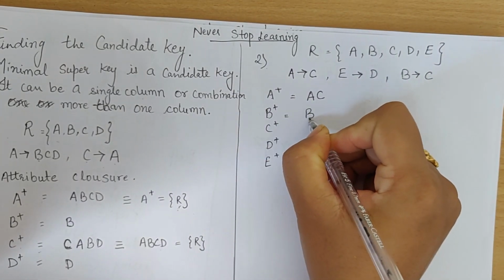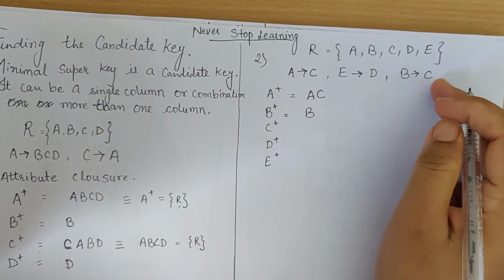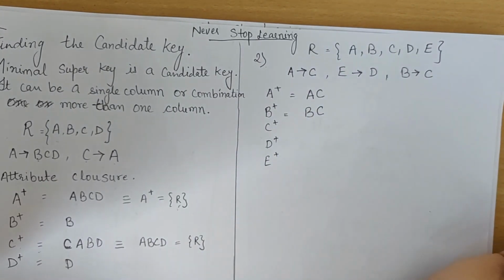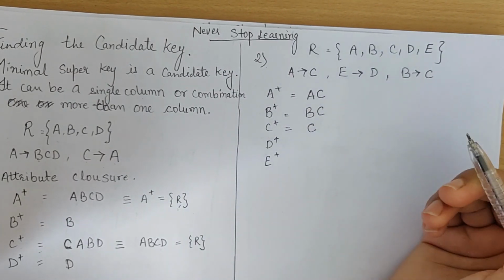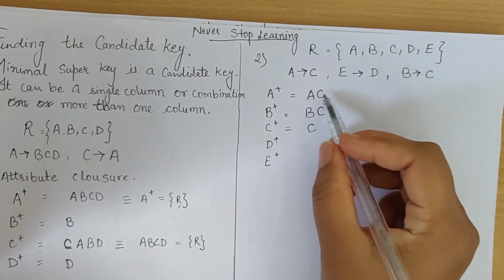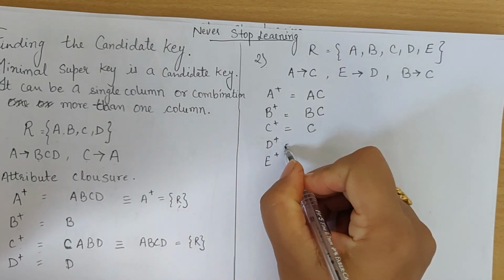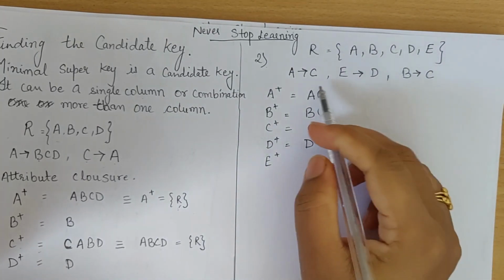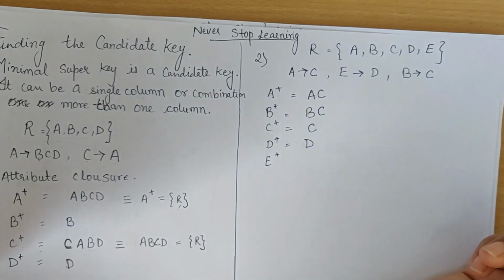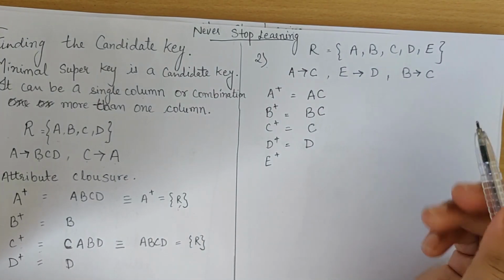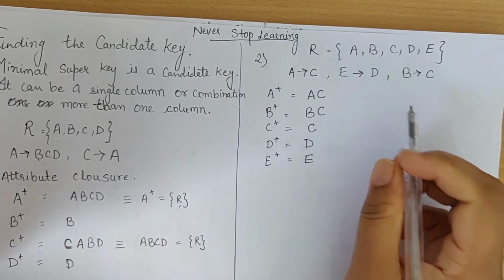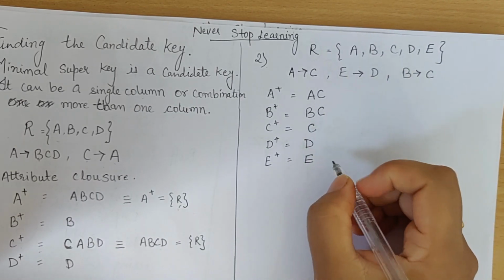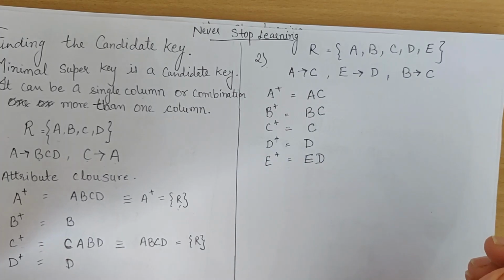Closure of B is B, and B determines C, so I get BC. Closure of C is only C, because C has no direct dependency. Closure of D is only D. Closure of E gives E, and because E determines D, I get D also.